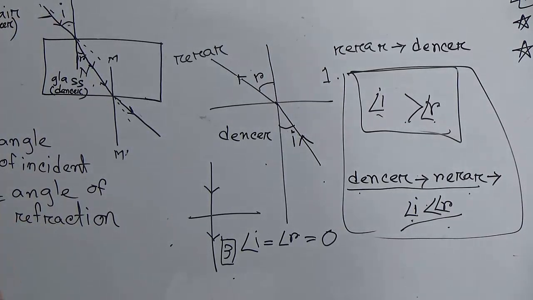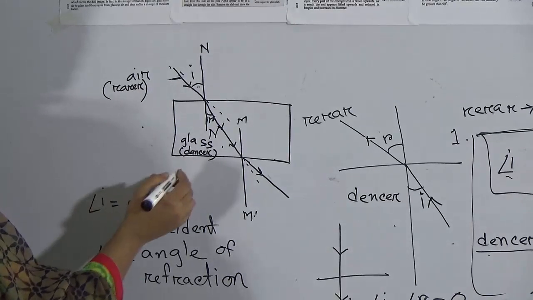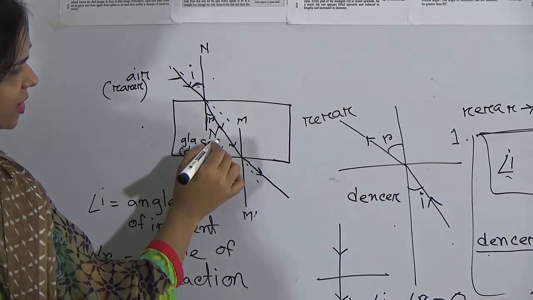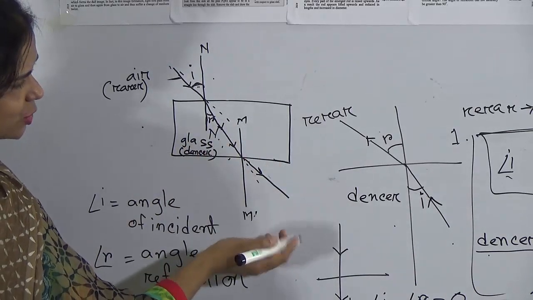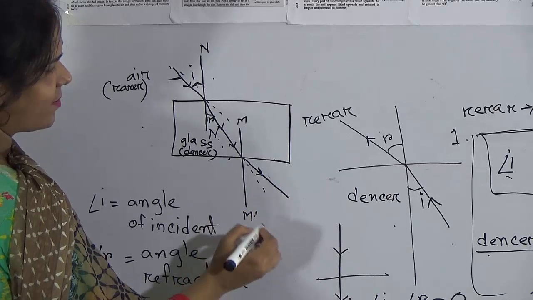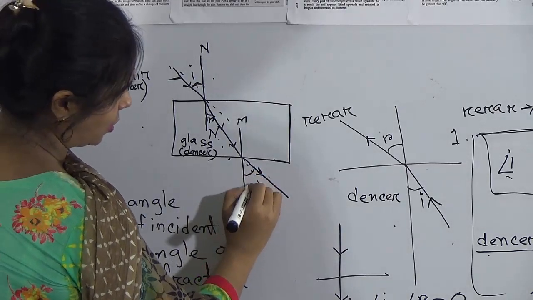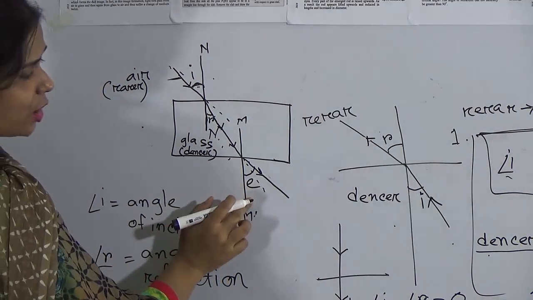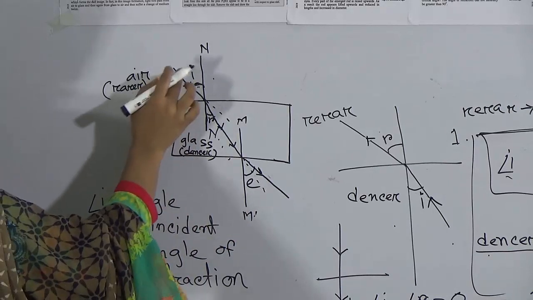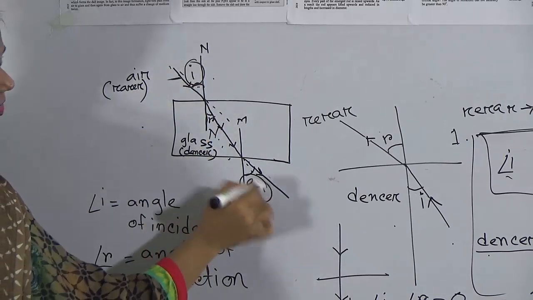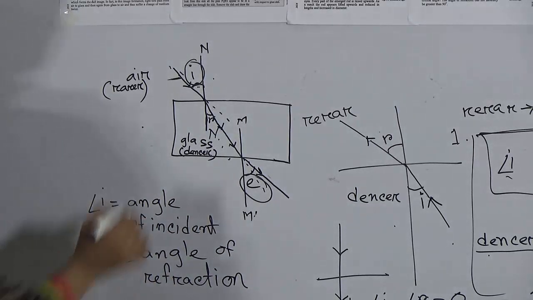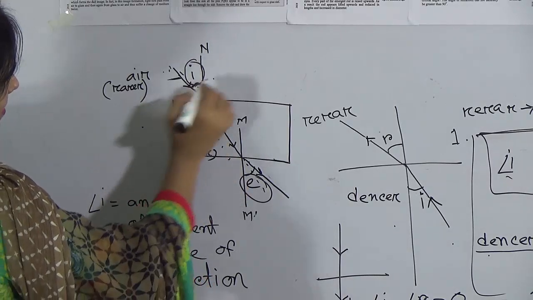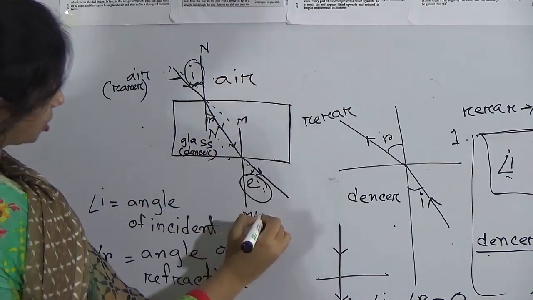Come now to the second law. In that case, light enters a different medium, from the rarer medium to the denser medium, and again comes back to the rarer medium. That means the same medium. And that time this angle is known as the angle of emergence. The angle of incidence and the angle of emergence will always be equal, because here it is air and this is also air.